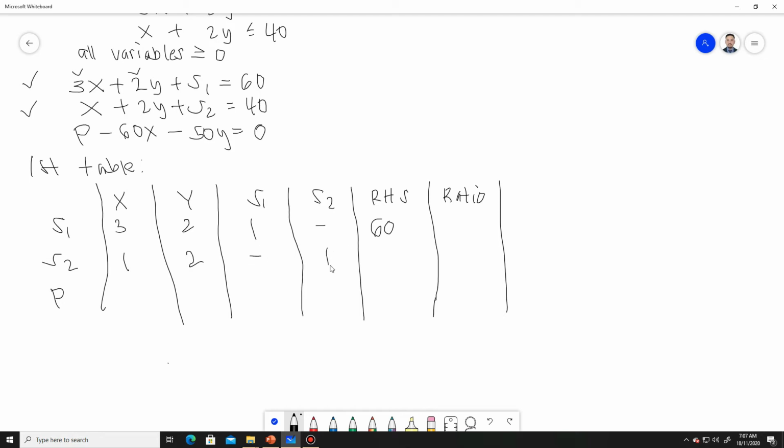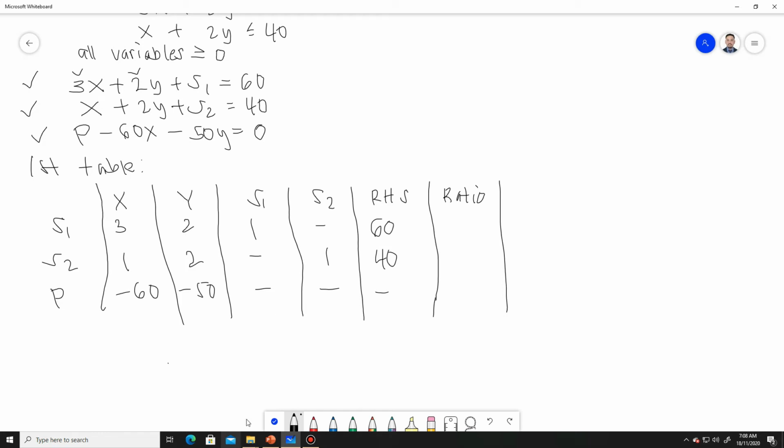We have 1 in S sub 2 and 40. For the third equation, in X, we have negative 60. In Y, negative 50. We have none in S sub 1, none in S sub 2, and none in the right-hand side.